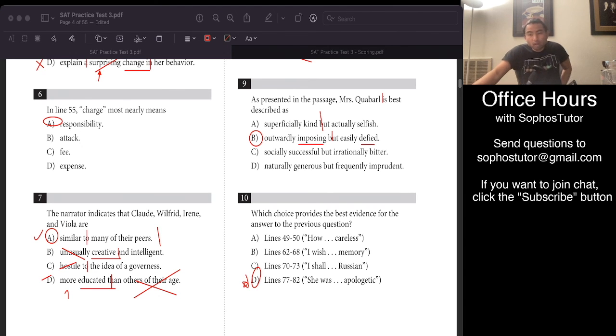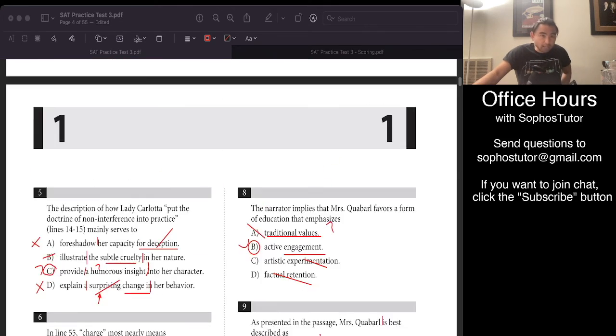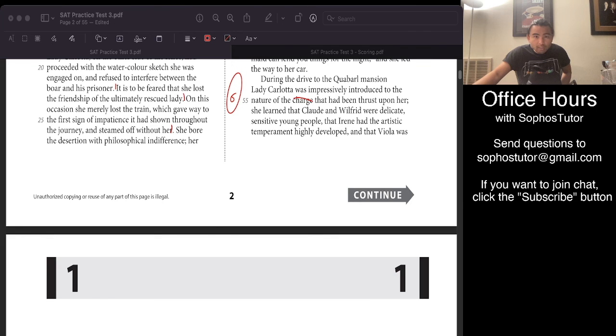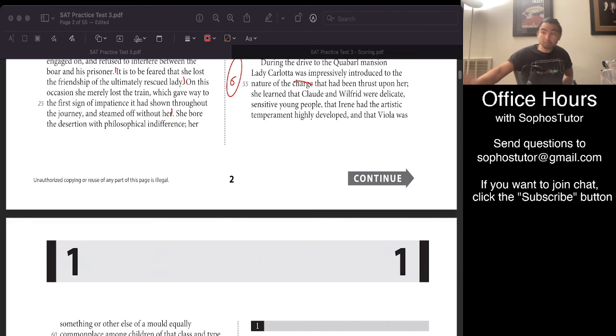Yeah, one of the kids, Viola, had the artistic temperament highly developed. But that doesn't necessarily mean that she's more highly developed than people of her age. So this is how we stick to objectivity. This is how the SAT is structured, and this is how you use logic to work your way through these questions.